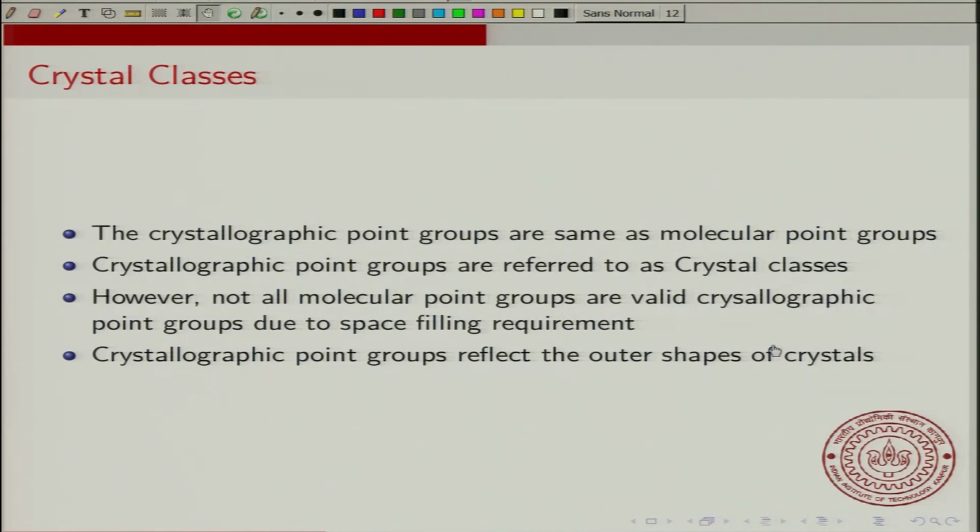So if you take a finite size crystallite, then the shape of that crystal will actually reflect the shape of the unit cell. And so the outer shapes of crystals will actually carry information about the point group of the unit cell.